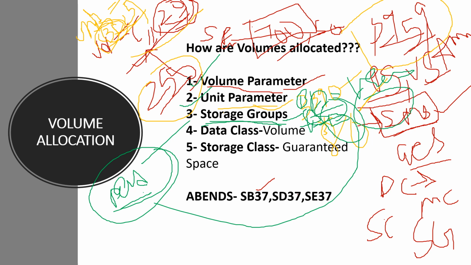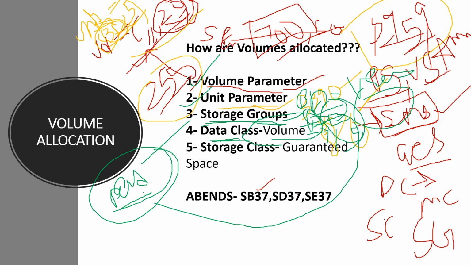And next comes the data class, which is again an ACS routine. But what is this data class parameter doing? In data class, there is an attribute called volume. In this volume, you can give a number like 1 or 5, up to 255.